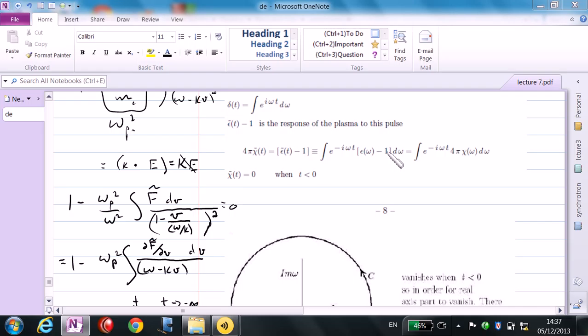So we subtract it, and I guess it's okay to put it inside the integral.